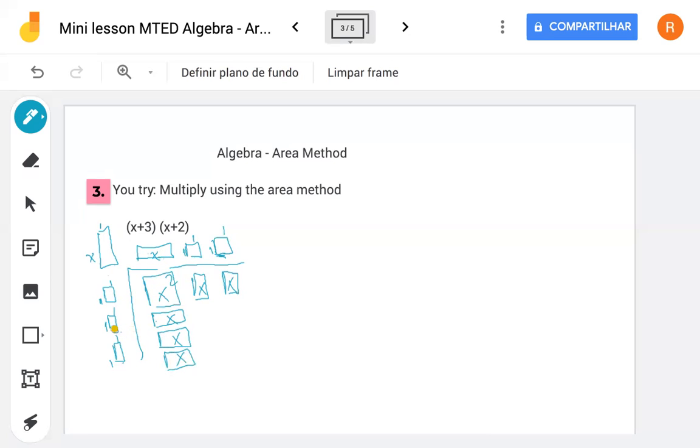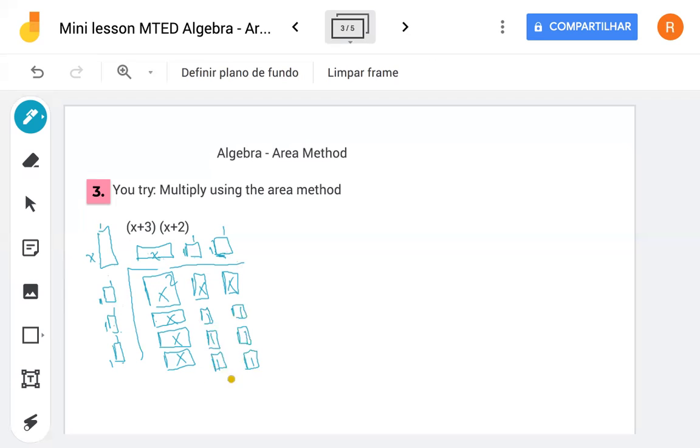So now what we need to do is 1 times 1. We have 1 little square here, another one here, and another one here. The same for this one. 1 times 1 is 1. Another one here, another one here. Okay, so just look at this picture. You can count how many squares we have inside.